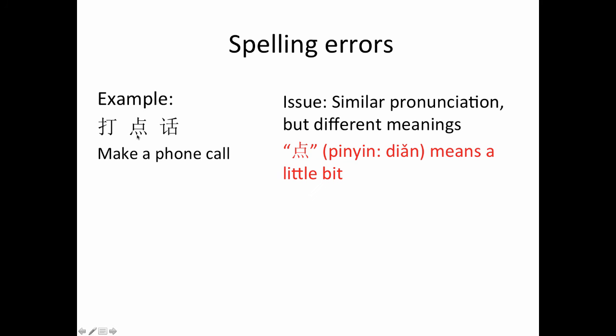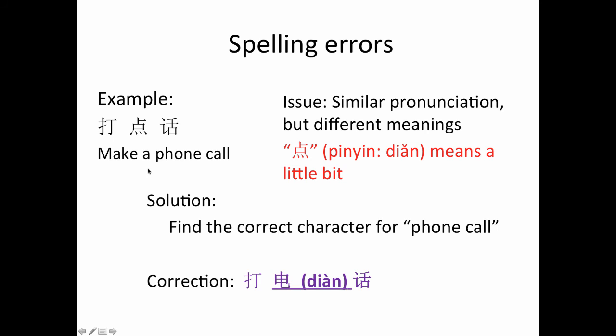The second one in Chinese is pronounced as dian, which means a little bit. But in order to express the meaning of making a phone call, we need to choose another character. That is the word dian. So dian and dian, even though their pronunciations sound very similar, except for the tones, but they have different meanings.